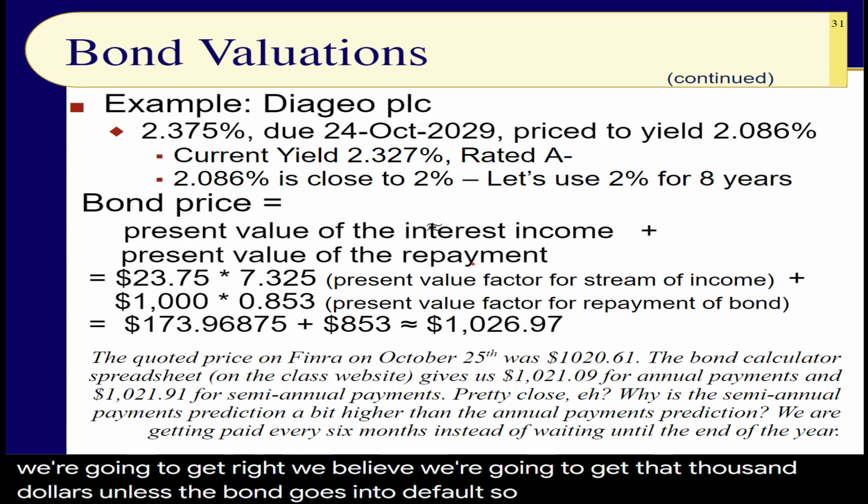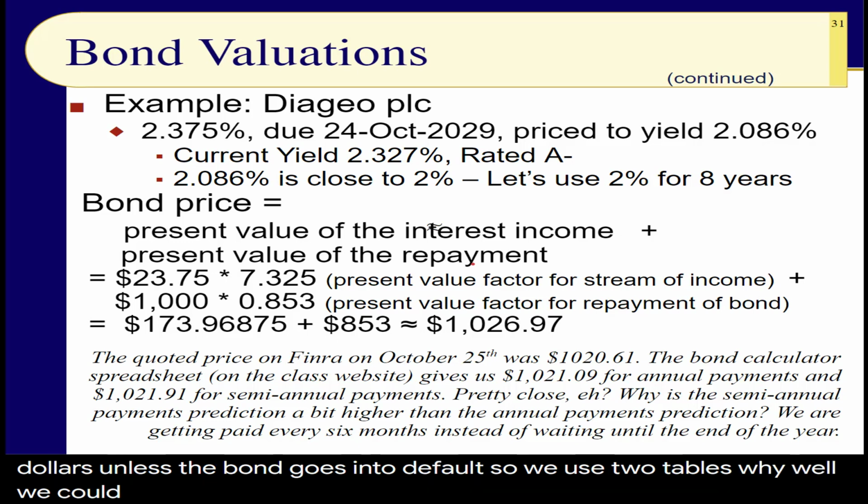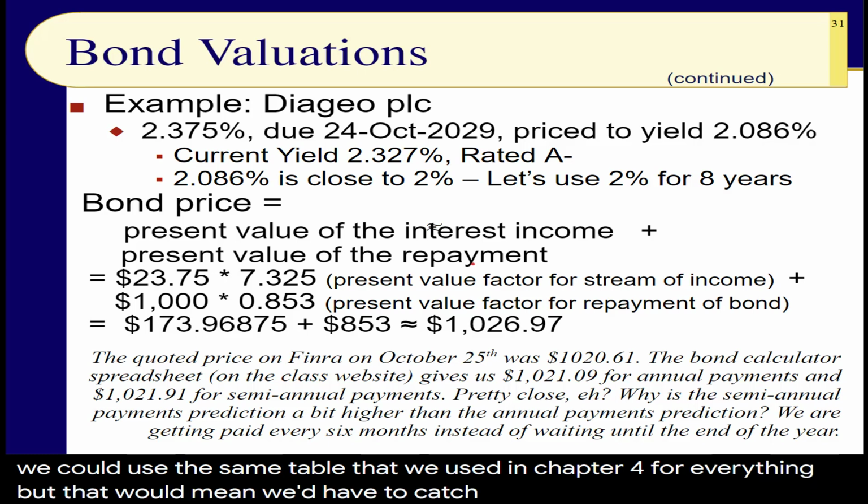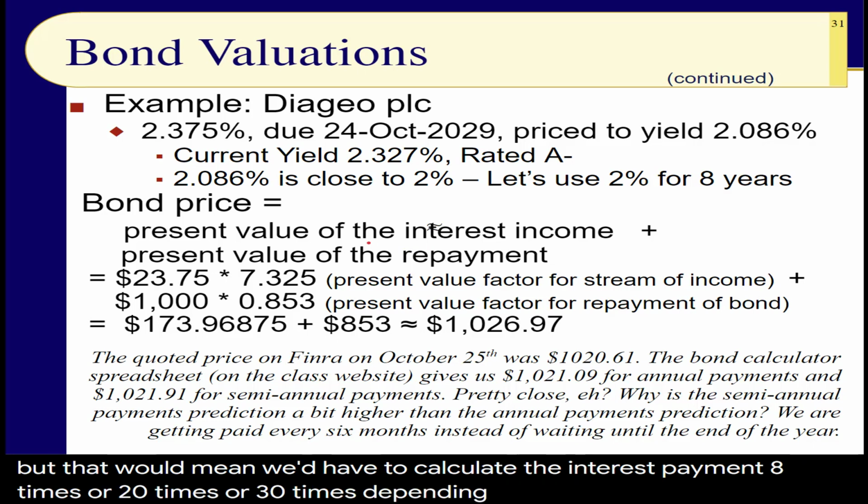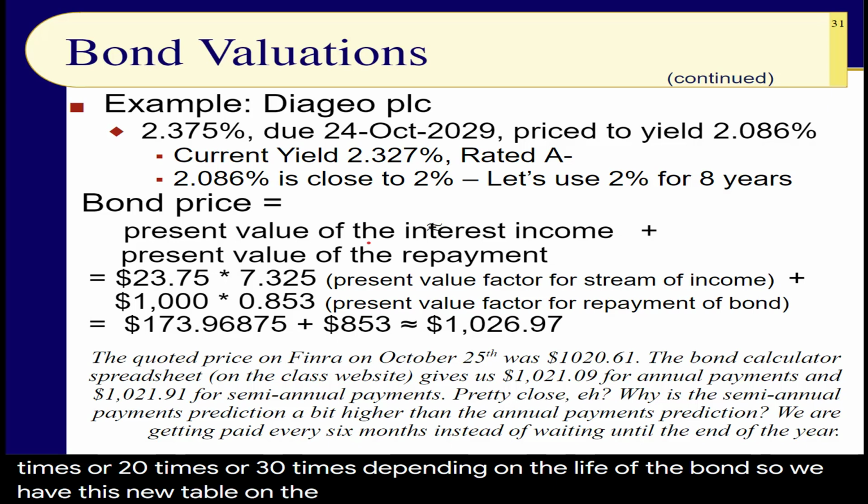So we use two tables. Why? Well, we could use the same table that we used in chapter 4 for everything, but that would mean we'd have to calculate the interest payment 8 times or 20 times or 30 times, depending on the life of the bond. So we have this new table on the left-hand side that is the present value of a stream of payments, not just one payment.